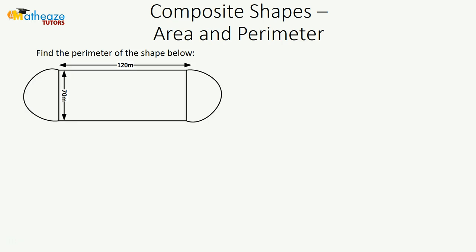Now let's find the perimeter of this. Okay, we need to find the value of the perimeter of the semicircle. So perimeter is pi, because we have a diameter, we're going to say pi diameter divided by 2, because it's a half of a circle, plus 2 multiplied by length plus width, plus pi diameter divided by 2.